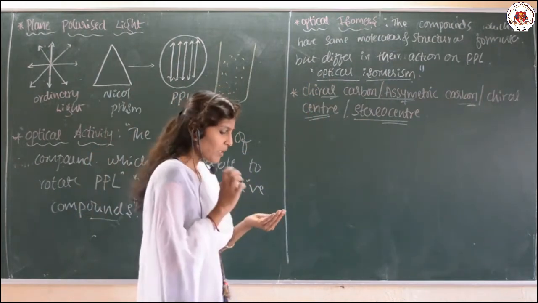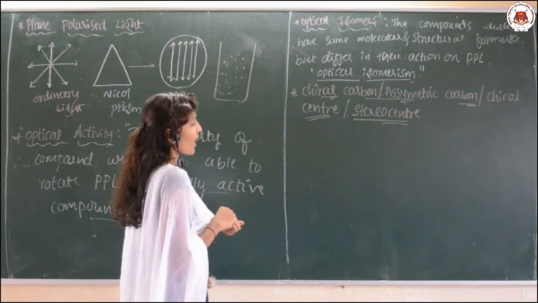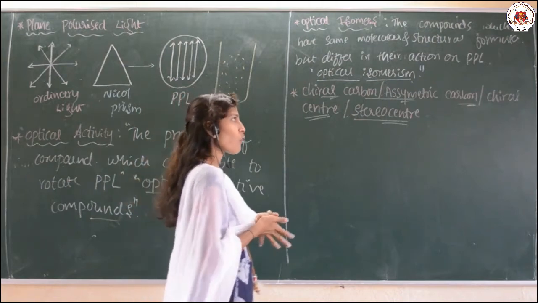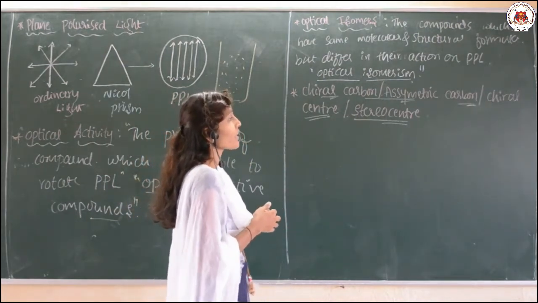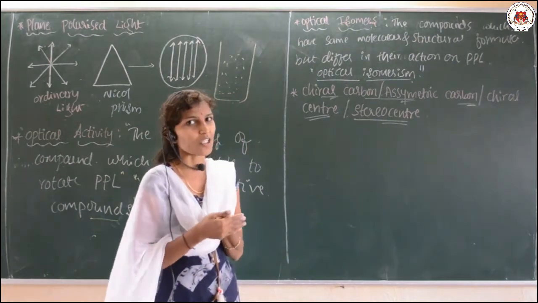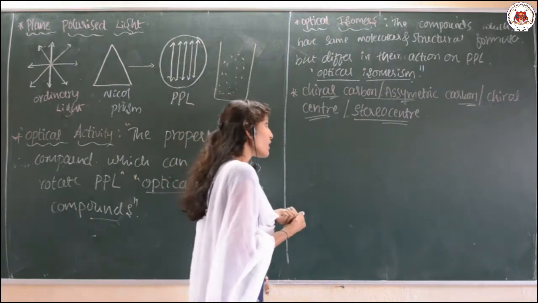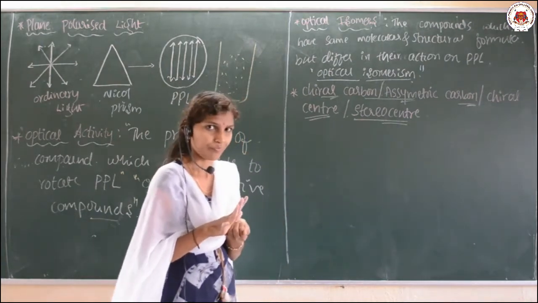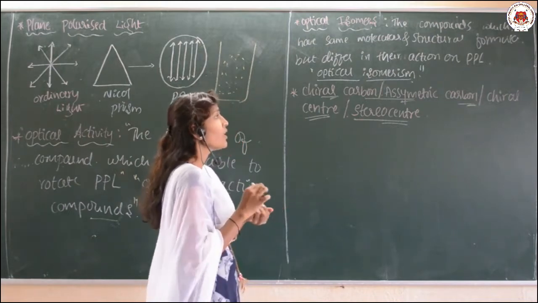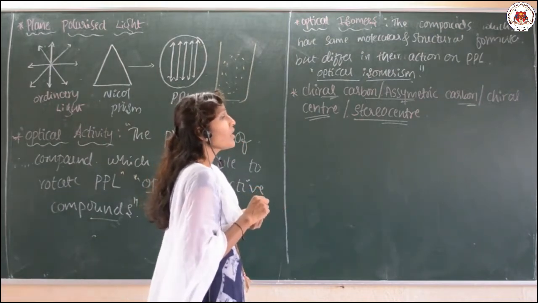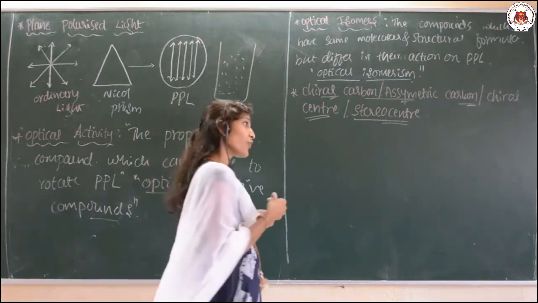Clear? So, let me tell you one more important term, that is chiral carbon, also called asymmetric carbon, chiral center or stereo center. Sometimes they even use stereogenic center. All these are alternative names for the chiral carbon. A chiral carbon is a carbon attached to 4 different groups.